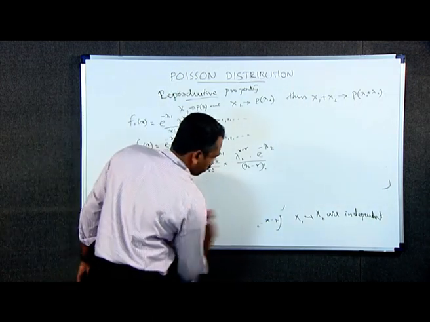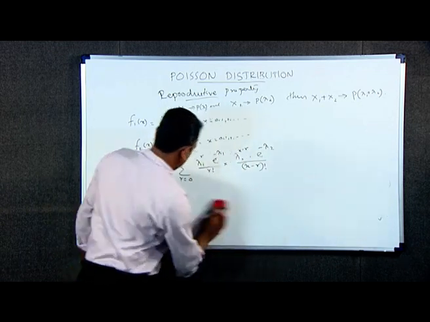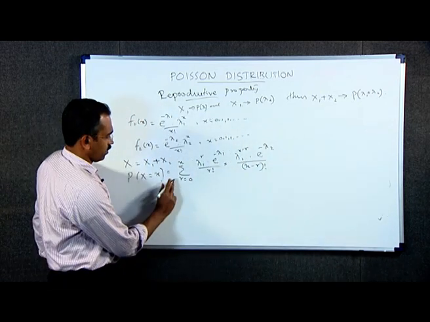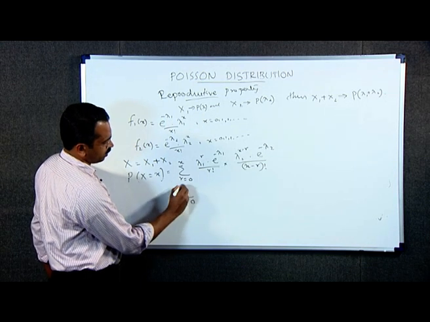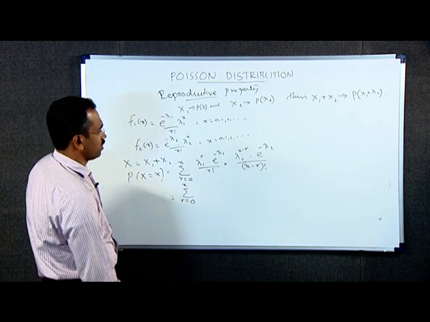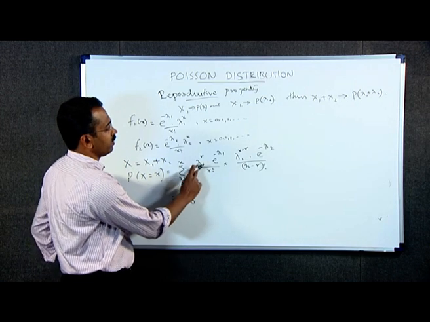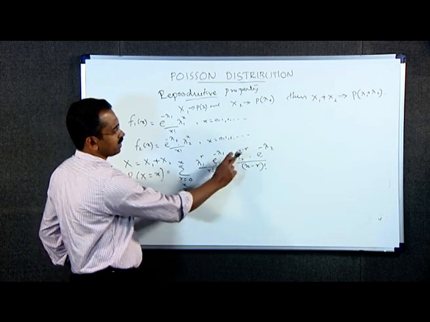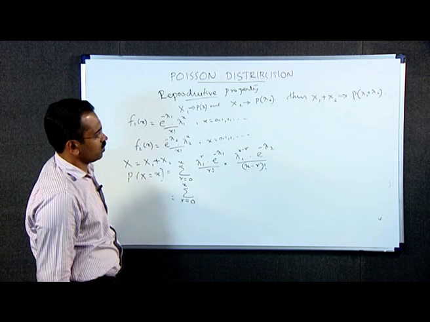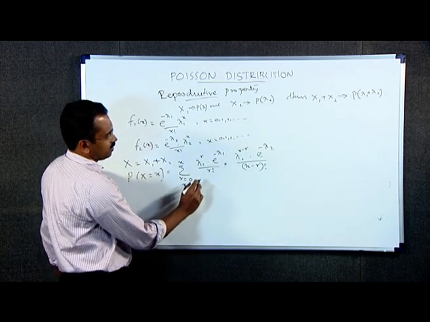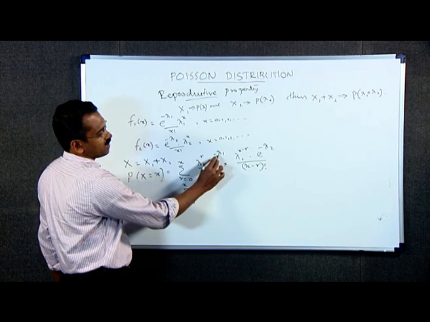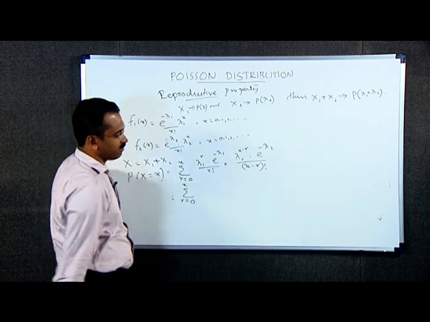That is equal to summation over r varies from 0 to x. Here lambda 1 raised to r into lambda 2 raised to x minus r, e raised to minus lambda 1 into e raised to minus lambda 2.